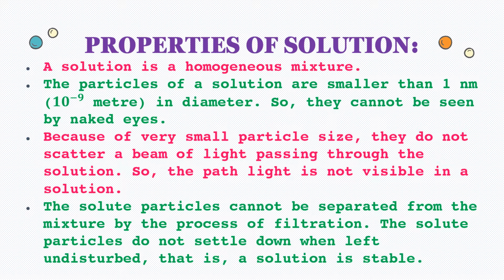One more property we can discuss is that the solute particles in a solution don't settle down when left undisturbed. So we can say that a solution is stable, or that the composition of the solution is uniformly distributed throughout. That's why the solute particles do not settle down when left undisturbed for some time. So these are the properties of a solution.